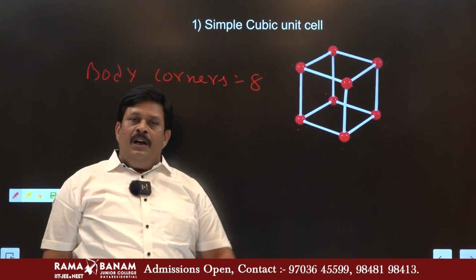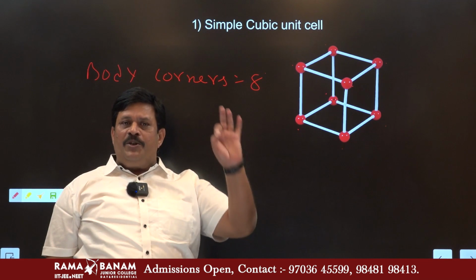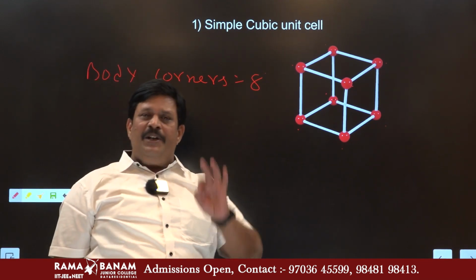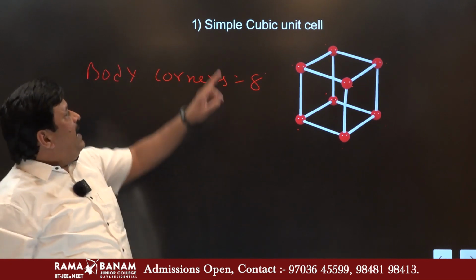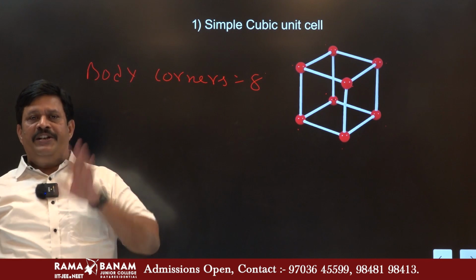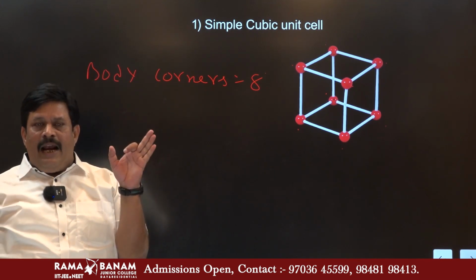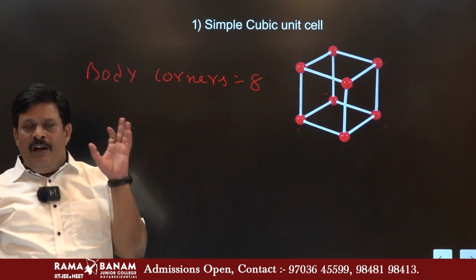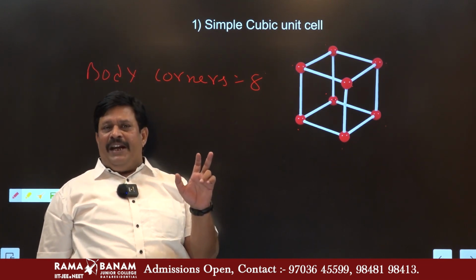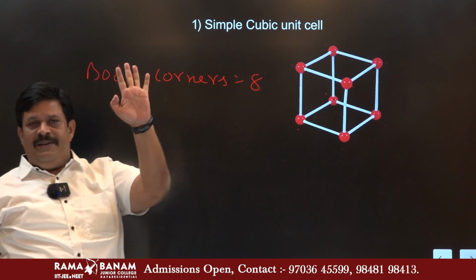Here, particles occupy all the 8 body corners. If particles are present only at body corners, then that unit cell is called a simple cubic unit cell. The remaining 3 lattice points are vacant. That is, edge center is vacant, face center is vacant, and body center is vacant.